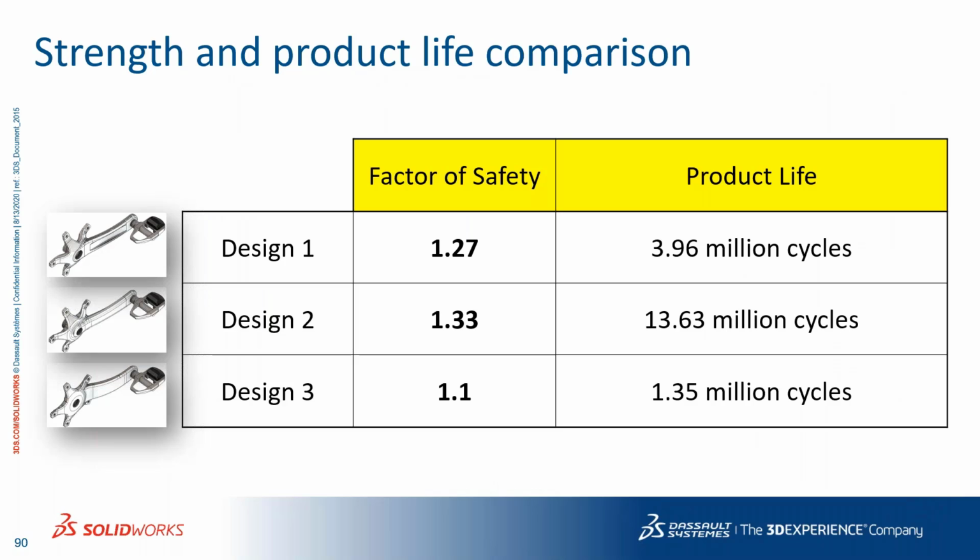This is how the factor of safety varies; I have plotted it in the form of a table. You can see that the factor of safety for this one is better and quite high, with around 13.63 million cycles of product life, and the factor of safety is also good. So I can consider this design as per my requirement.